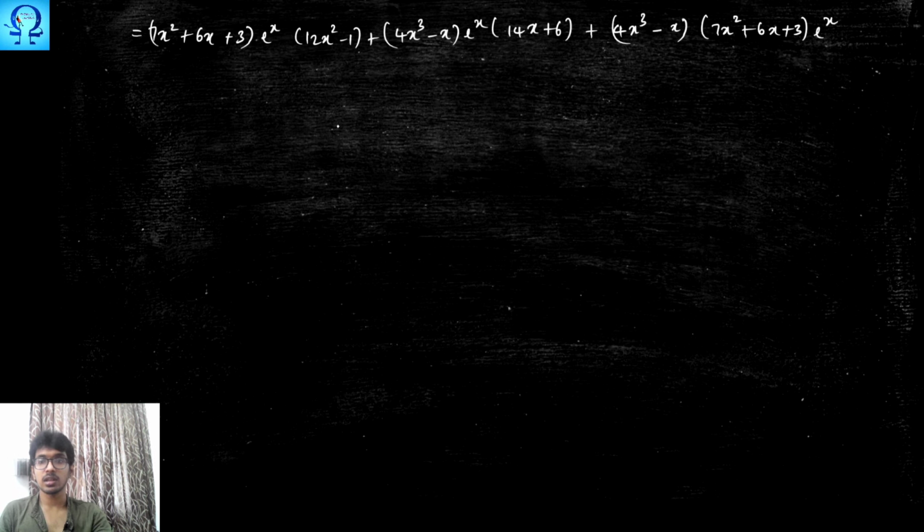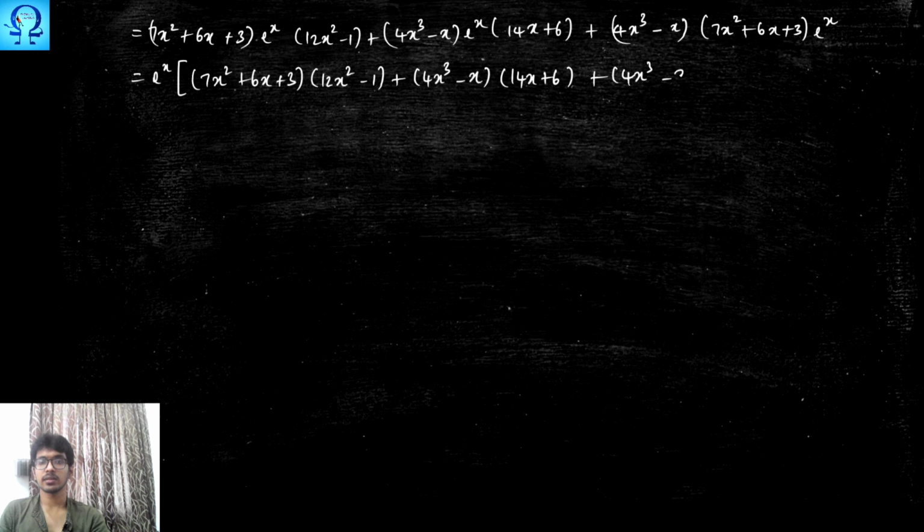Now you can notice that e power x is there in all the terms, so you can take e power x as a common thing. So you will be having 7x squared plus 6x plus 3 times of 12x squared minus 1, and this is 4x cubed minus x times of 14x plus 6, plus this is 4x cubed minus x of 7x squared plus 6x plus 3.